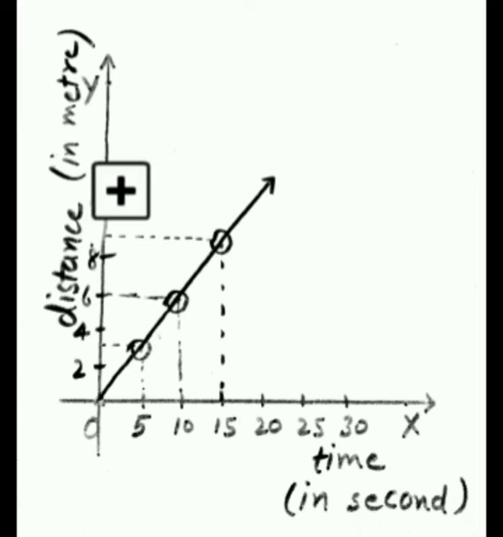Similarly, for the distance axis, we have taken, for example, distance in meters, and here the scale is 2 meter, 4 meter, 6 meter and 8 meter, so that we can represent the given distances on the graph sheet easily. And you have to take the scale in such a way. Deciding or choosing the scale is a very important part of drawing a graph.